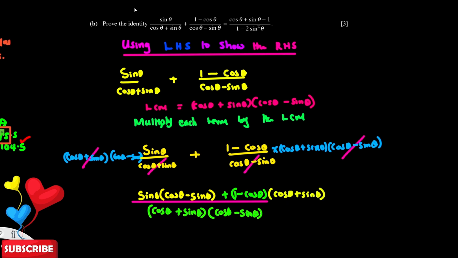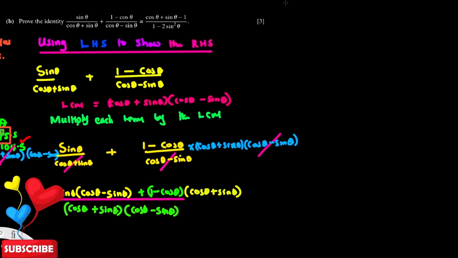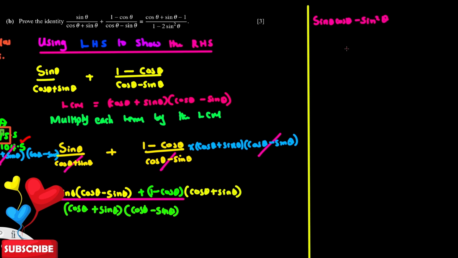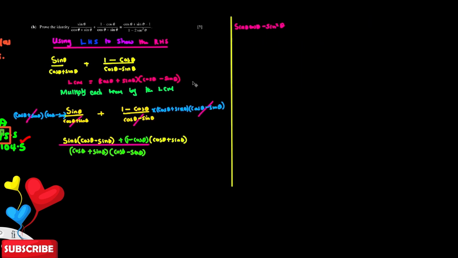Now we're going to open the bracket in the numerator so that we can simplify and put the like terms together. Let me move this so that I can get enough space to work this out. If we open the bracket, we end up with this expression. Sine theta times cos theta gives sine theta cos theta.